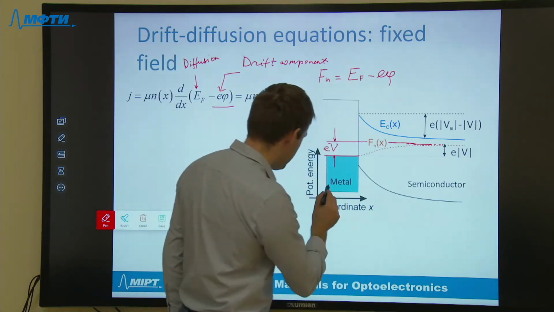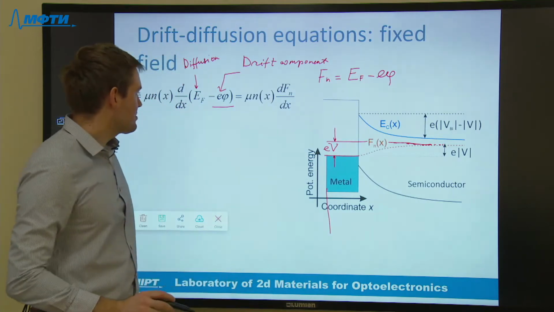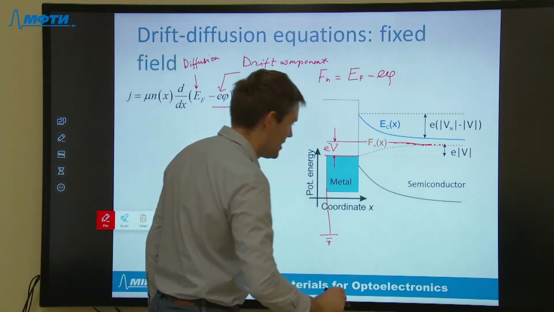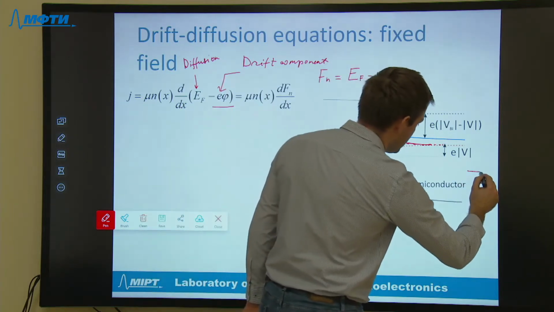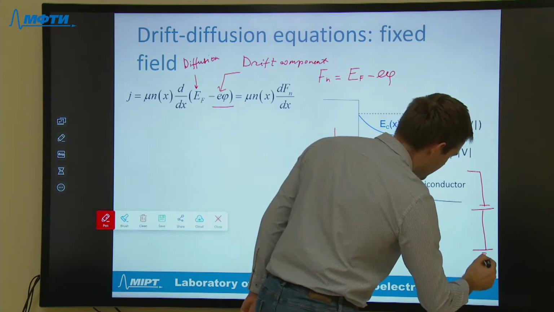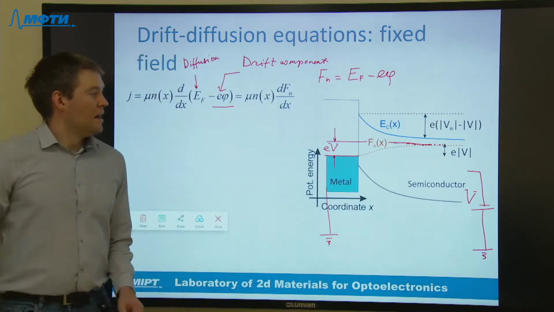Particularly in this situation, the metal contact is considered as grounded, and this contact is considered as electrically biased with negative bias V.